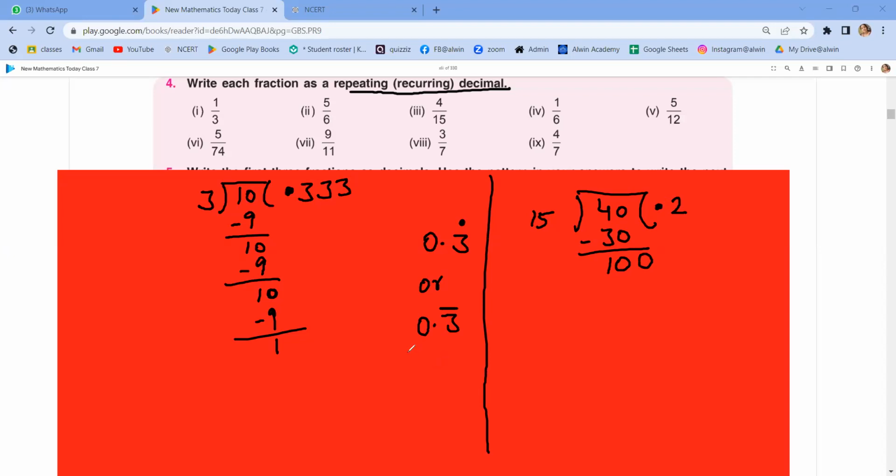Clear or not, bache? 6 are 90. Subtract, getting 10 again. Abhi, the zeros you can put by yourself. Again, 6 are 90. You subtract, you get a 10 again.